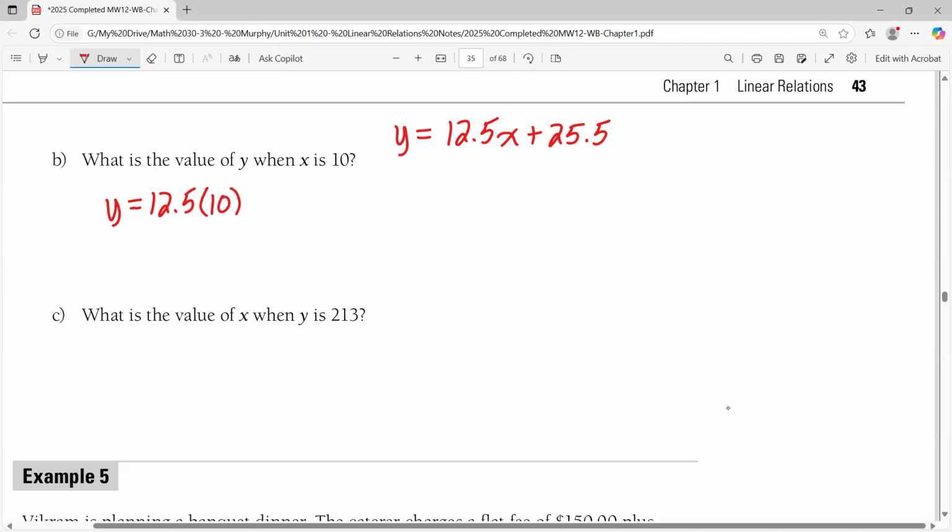So we'll put 10 in, and then plus 25.5. And you'll want to do 12.5 times 10 first, and then add 25.5, and you end up with 150.5. And you should be able to punch this all in your calculator in that order as long as you use brackets.